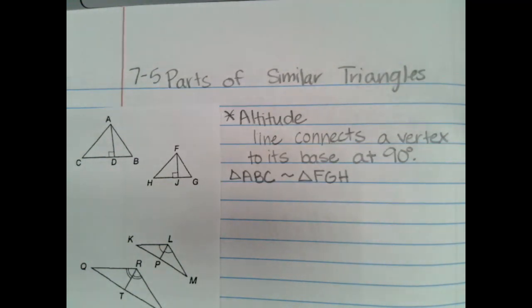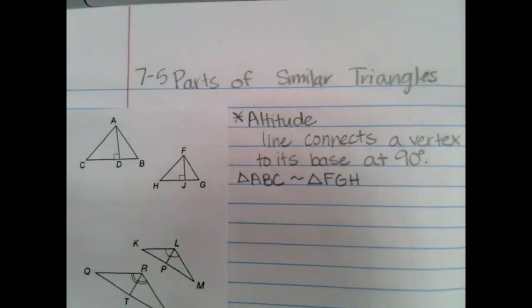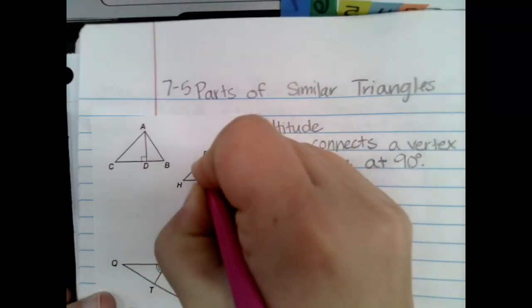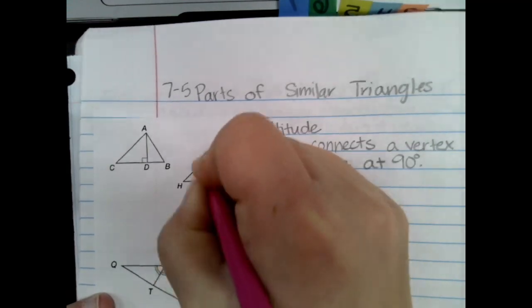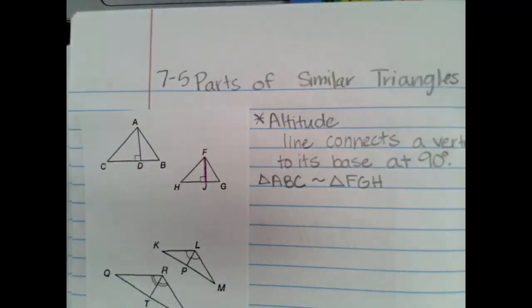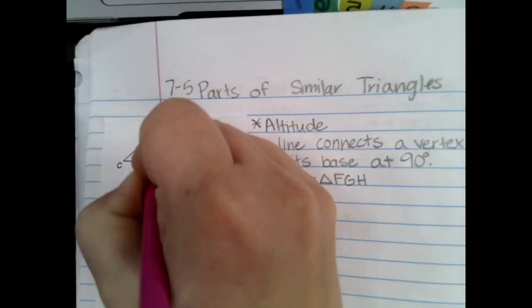All right, so what are our altitudes in these two triangles, these top ones? Good, FJ and AD.